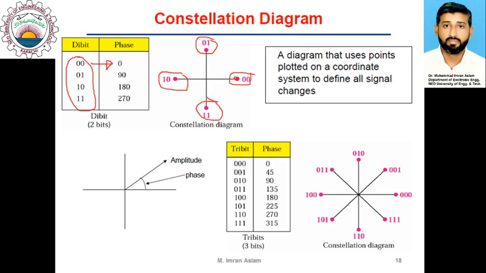Similarly, if we combine 3 bits to make a symbol, it will become an 8-ary system, and that 8-ary system would be represented by 8 different phases as listed here. For that purpose, the constellation diagram would look somewhat like this. There will be 8 different symbols represented by 8-ary PSK, the 8-PSK system.